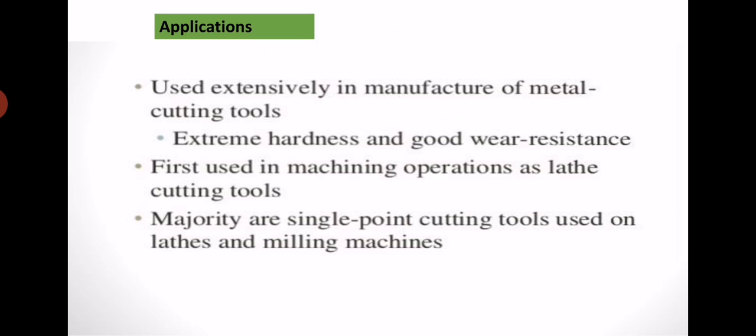Now when we come to the applications of this tungsten carbide, it is greatly attractive to engineers and academics for the sake of its excellent properties such as hardness and wear resistance, and it has a high melting point and is chemically inert.